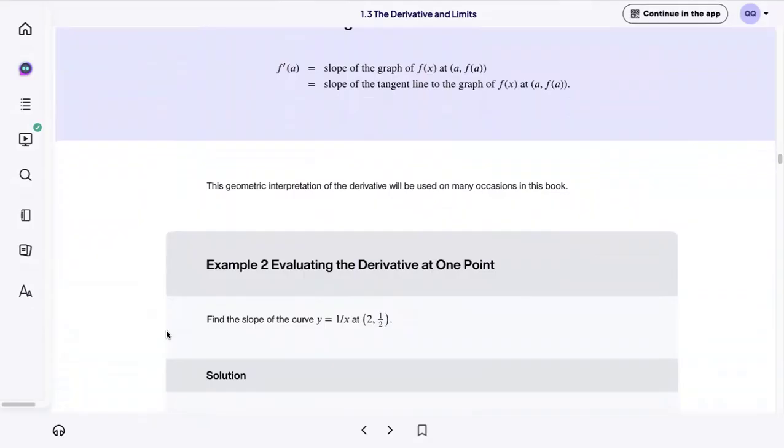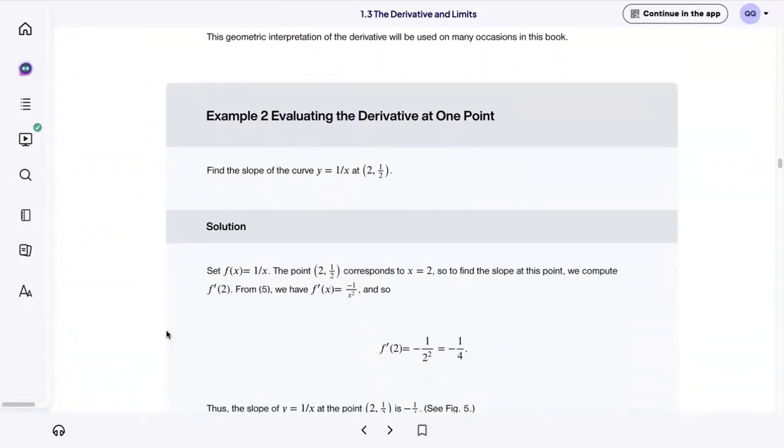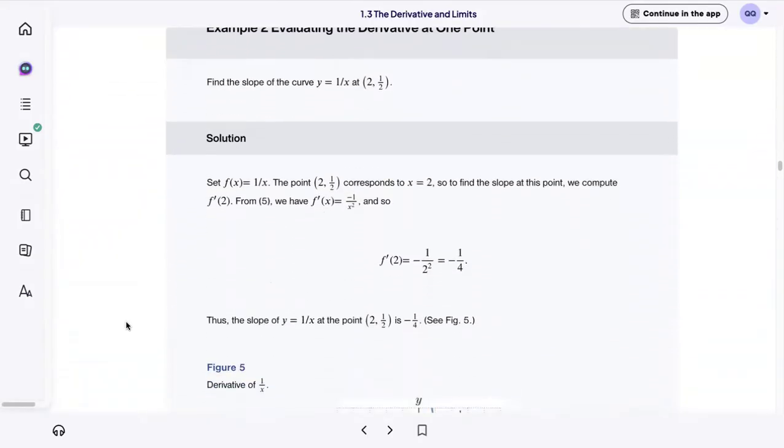So derivative of a function is the slope of its tangent line. Let's see this question. So we need to remember this.